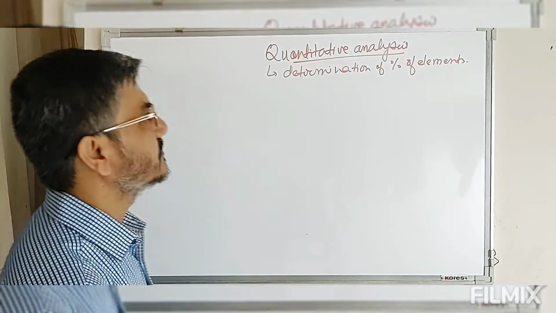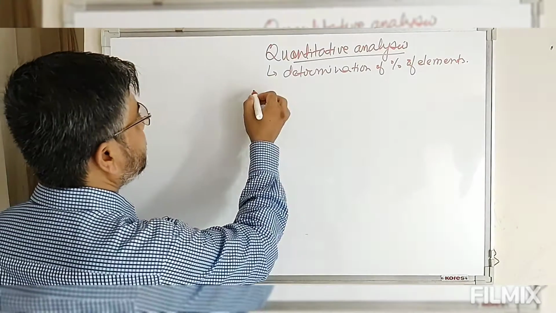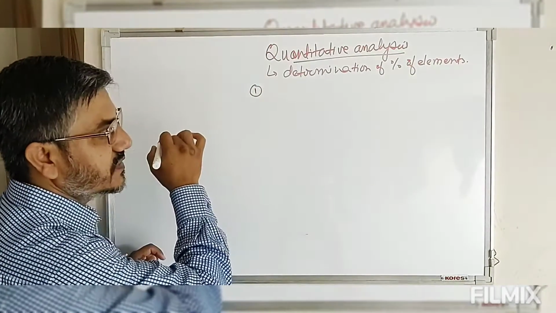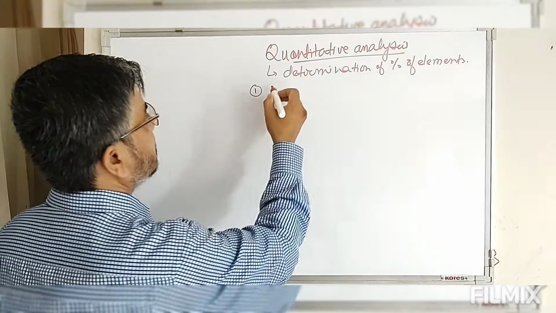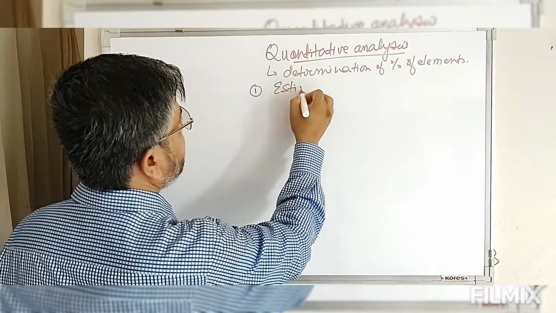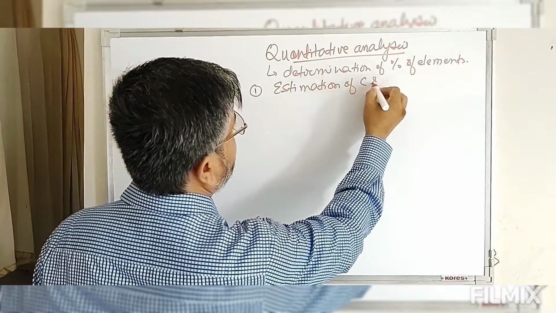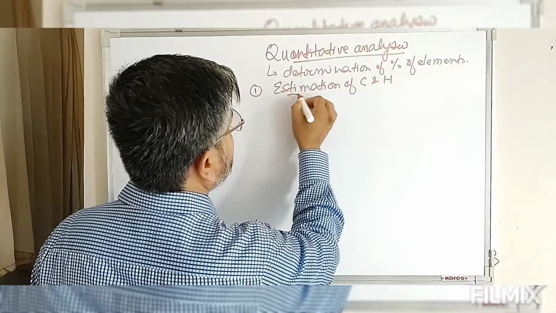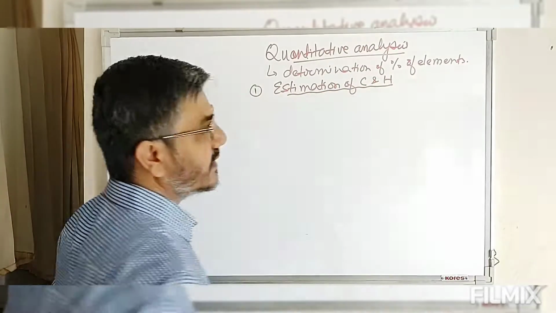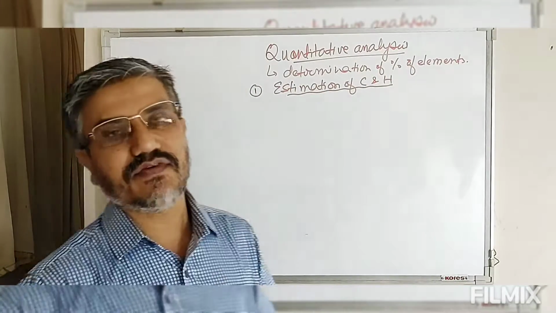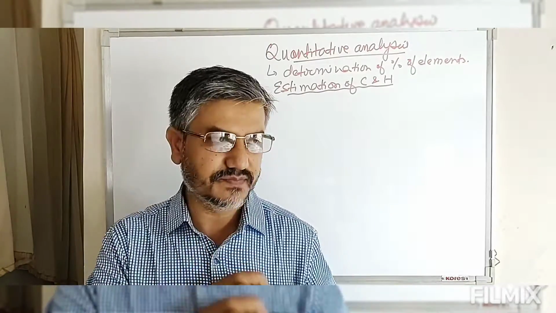So first we will take up the estimation of carbon and hydrogen present in the organic sample. We have to identify the percentage of carbon and hydrogen.